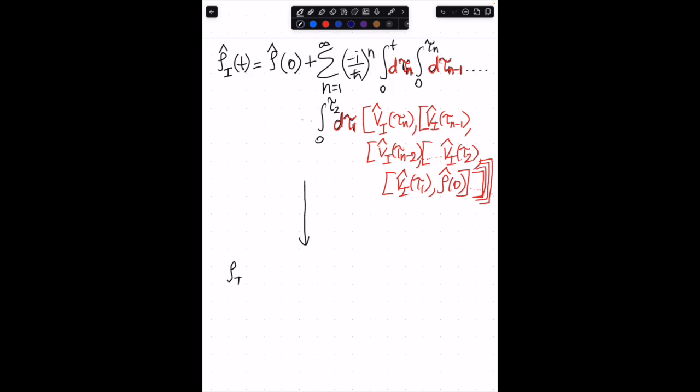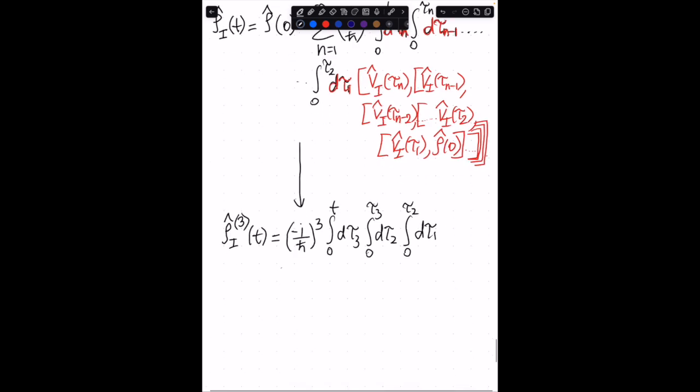So I will consider the third order term for the purpose of our 2D spectroscopy study, and that would be equal to minus i upon h bar to the power 3, integral 0 to t d tau 3, 0 to tau 3 d tau 2, and 0 to tau 2 d tau 1, and then your perturbation.